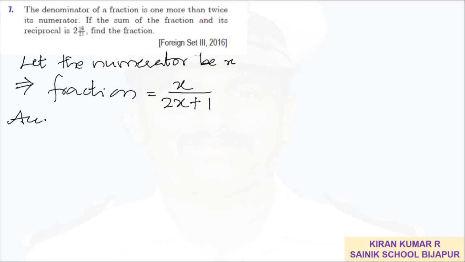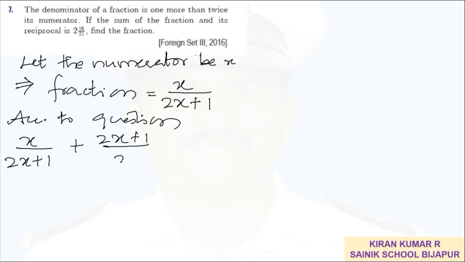According to the question, we have x upon 2x plus 1 plus the reciprocal, 2x plus 1 divided by x, equal to 216 by 21.